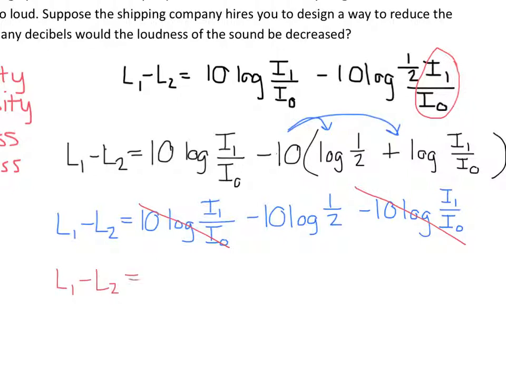So L1 minus L2 equals negative 10 log 1/2. I think you can put that in your calculator. You can, because it's base 10. 3.01. So we'll say it equals 3.01 decibels, because it's loudness.